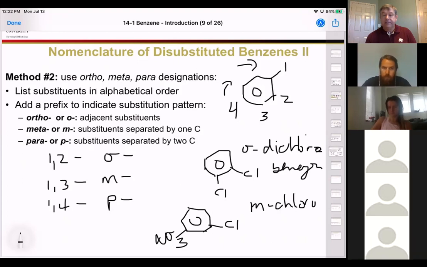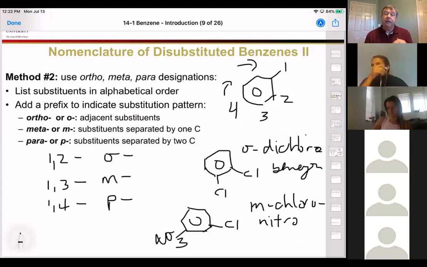Dr. Irvin? Yes. So the correct way to format it is to put the letter with a dash, or do you want us to write out ortho, meta, and para? The letter with a dash is correct. Okay, thank you. You can write out ortho, but most of the time it's shorthanded to be the letter and a dash.